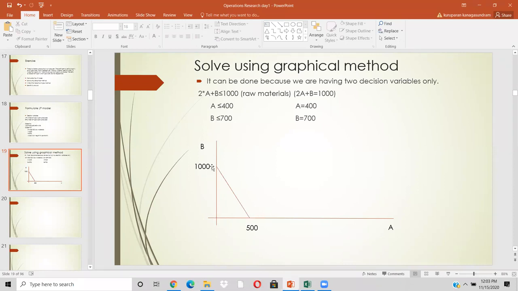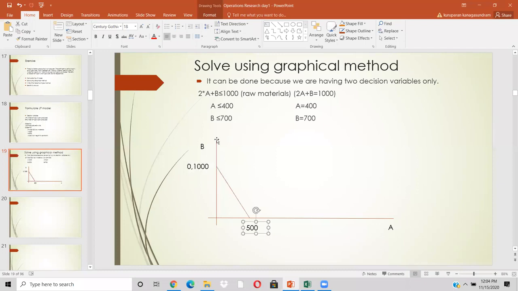To find this value, on this line a will be 0. So put a as 0: 2 into 0, 0 plus b is equal to 1000. So b will be equal to 1000. Exactly as I have to write it, it is 0 comma 1000.